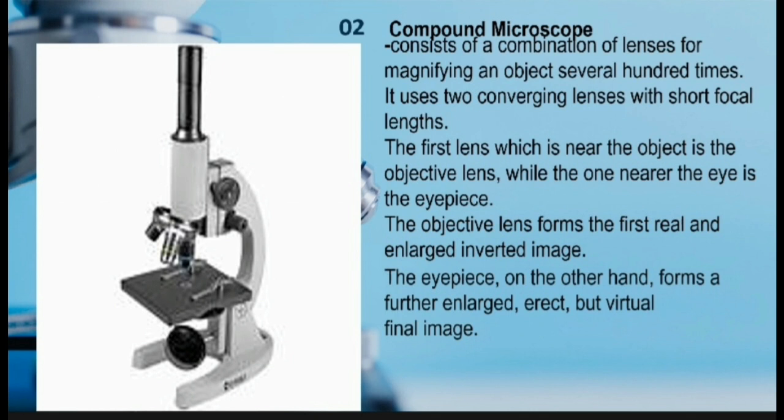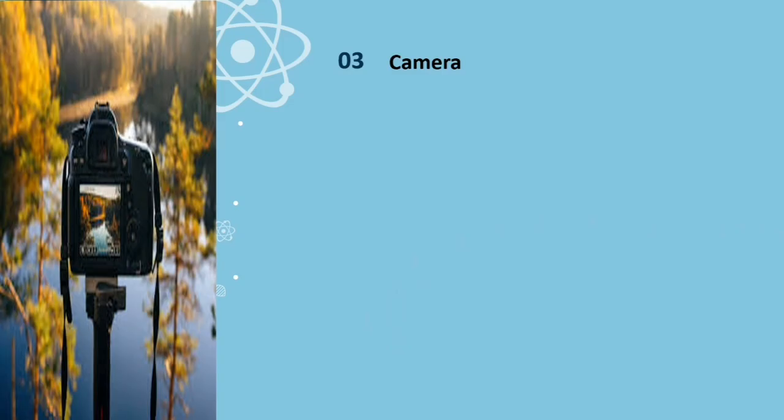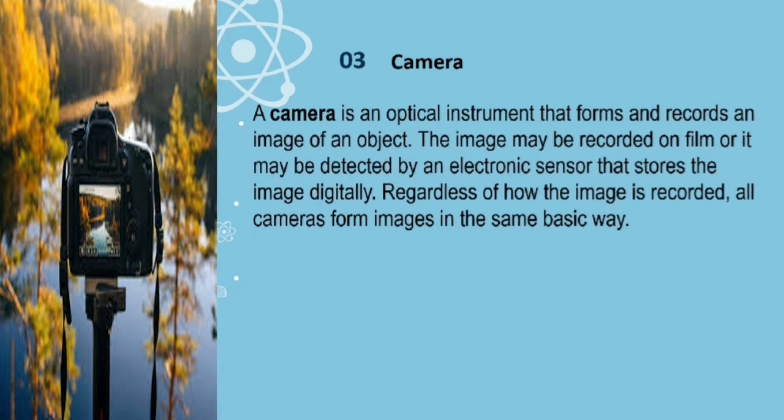When you go places where you want to take some memories, what device will you use? If your answer is camera, then you are correct. But what is the function of a camera and how does it work? Great job, Diane! A camera is an optical instrument that forms and records an image of an object.